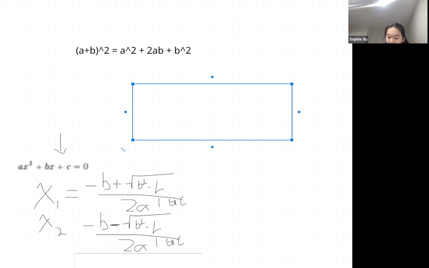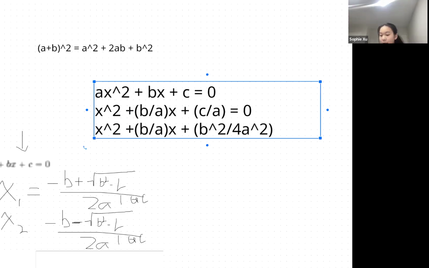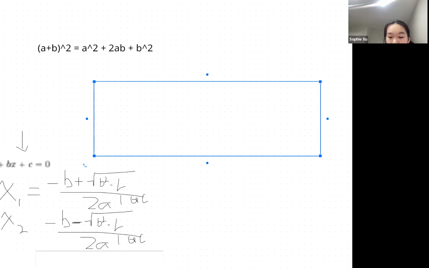What's that? b over 2a squared, so b squared over 4a squared. And then since this isn't equal to c over a, we need to minus this, and then plus c over a again.